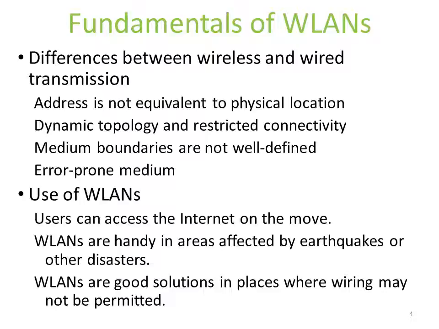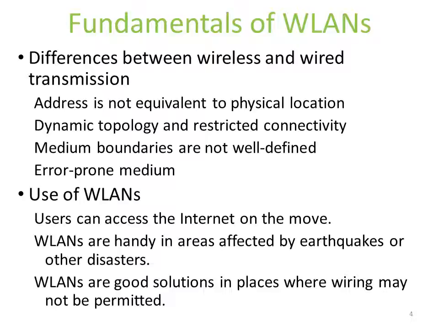Then what are the basic differences between wireless and wired transmission? With wireless LANs, it won't require any address, but in the case of wired networks, they need an IP address.